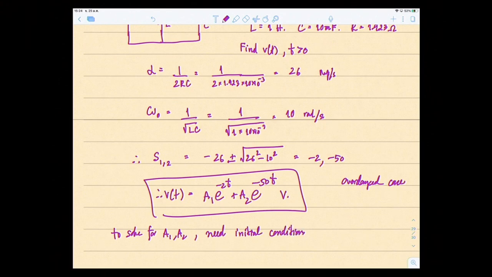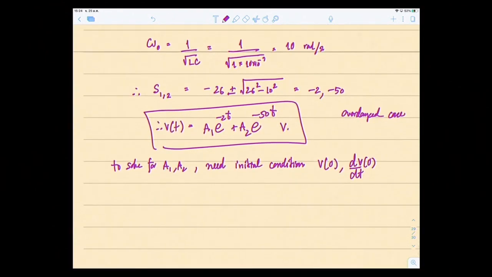There are two of them that you need: V at 0 and dV dt at 0. The first thing we know already, because the problem has given it, is that V at 0 is equal to 5 volts. But we still need to find dV dt at 0.